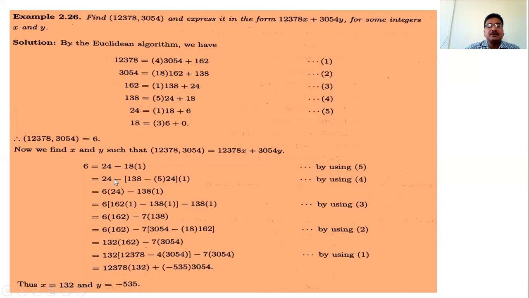Okay, not minus, plus becomes plus, this effect of minus, then 24 into 5, and there's 24 into 1 plus 24 into 5 becomes 24 into 6.